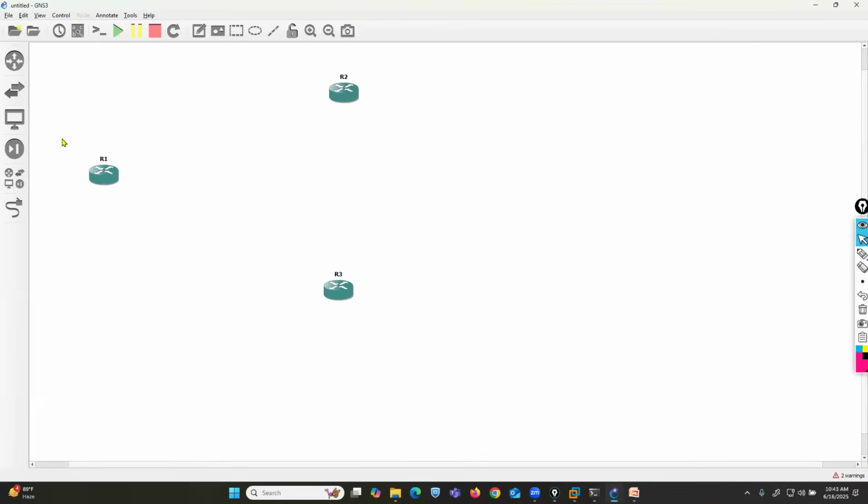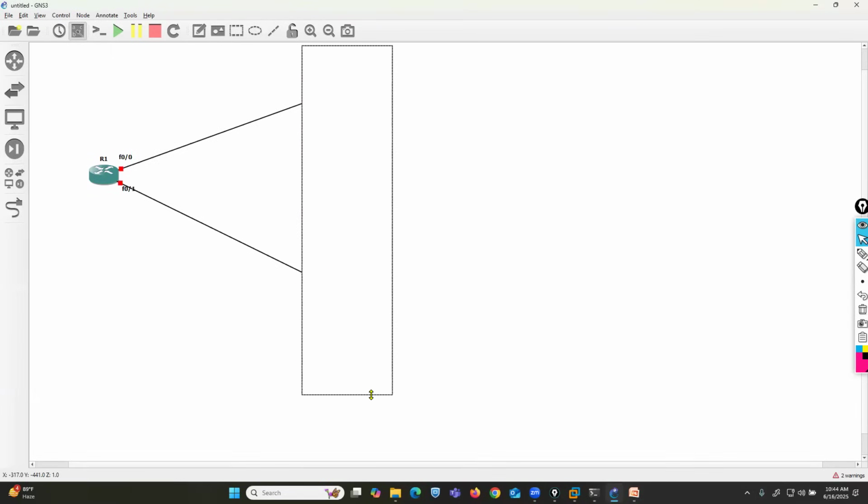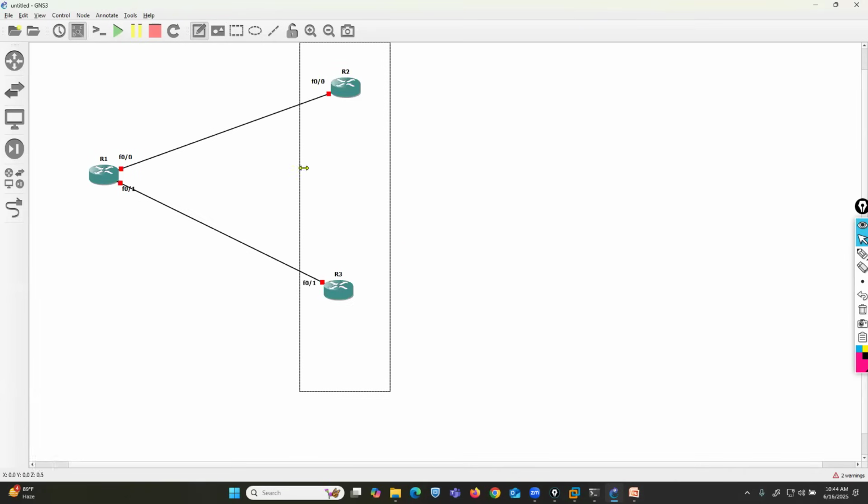Now, let's create a design. These two routers I'm using in BGP are part of AS 200, and my branch router is using BGP AS 100.